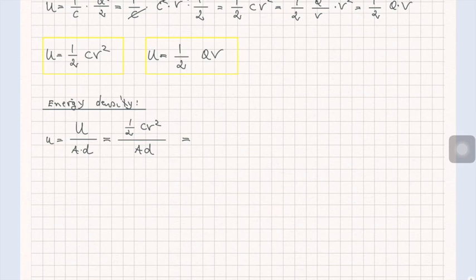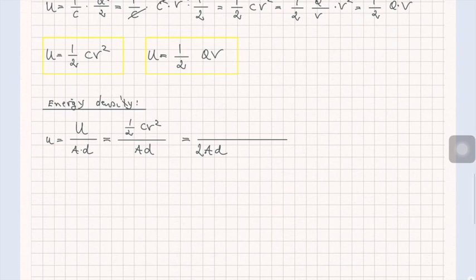So now let me replace various quantities here. A times D for the volume in the denominator we leave the same. Now, we calculate, and then you have this factor 1/2, I put factor 2 here.